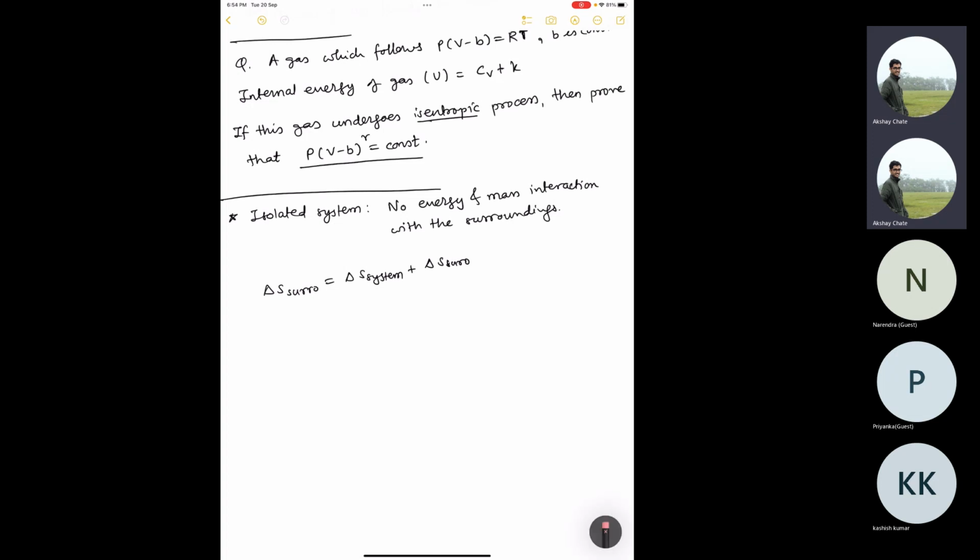In this case, delta S of surrounding will be 0, because there is no interaction with the surrounding. So essentially your system and surrounding are the same. Now, how will you write your delta S of system?